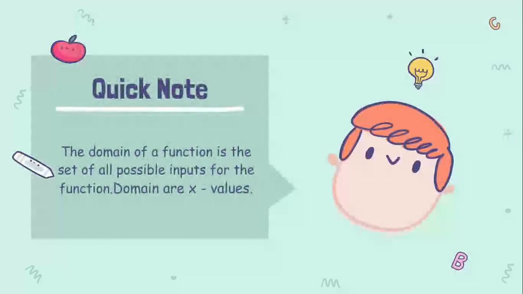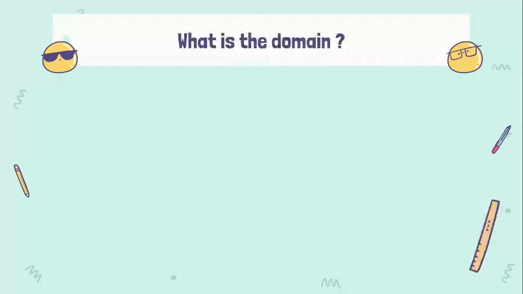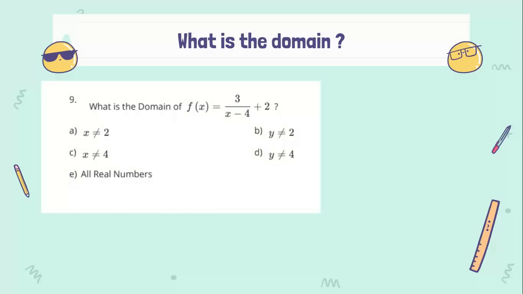Quick note, the domain of a function is the set of all possible inputs for the function. Domain are x values. What is the domain? f of x equals 3 over x minus 4, plus 2. The domain is all x values, so we need to solve for x in this equation.